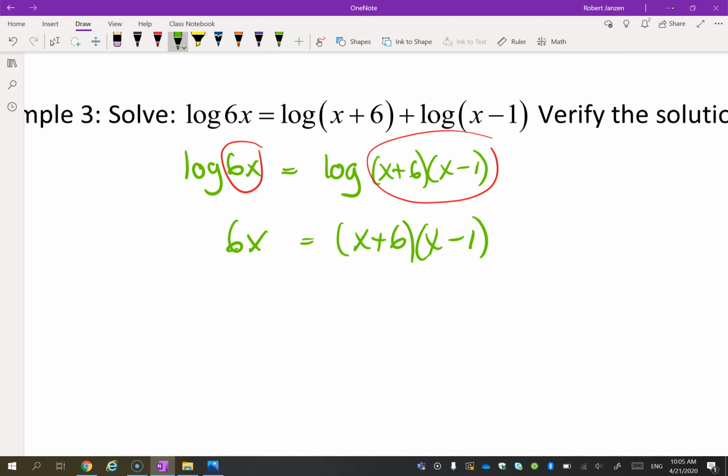Alright. And I'll multiply this. Now I'll bring everything to one side of the equation. So you get x squared minus x minus 6.